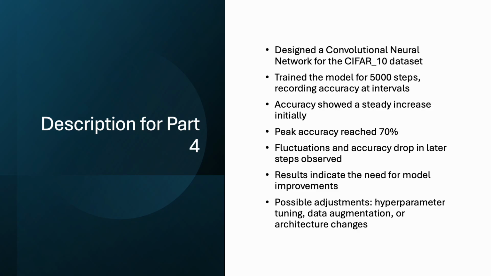For this CNN, the results showed a steady increase in accuracy. However, it was only able to reach a peak accuracy of about 70%. These results also showed signs of fluctuations and a decrease in accuracy in the later steps. This indicated changes were needed for improvement.